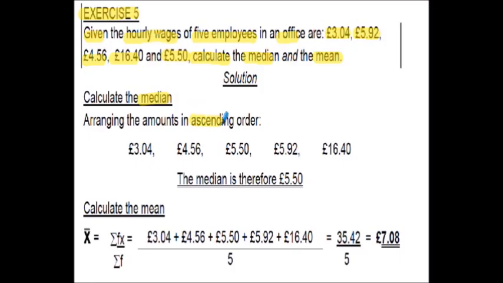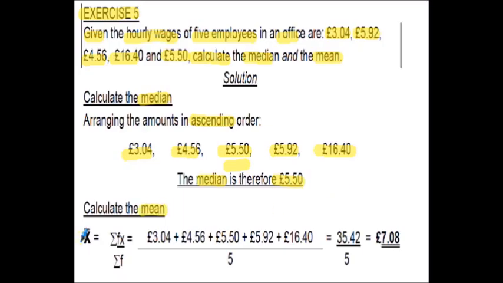I put mine in ascending order, so I've got £3.04, £4.56, £5.50, £5.92 and £16.40. The median is the middle term of a series of data, and as this is an odd set of data with 5 items in it, the middle term is clearly £5.50. So the median is £5.50.